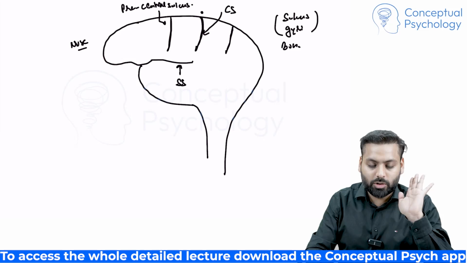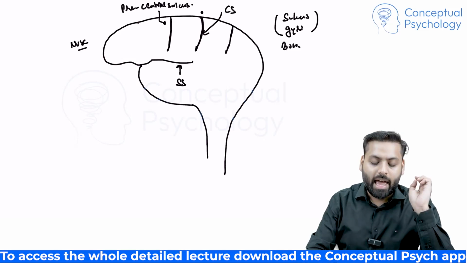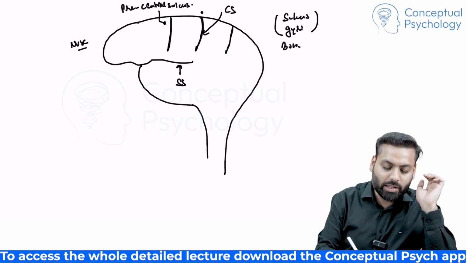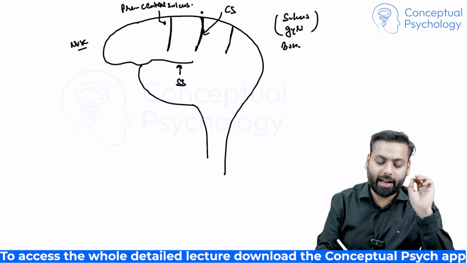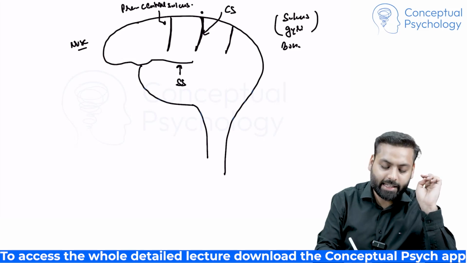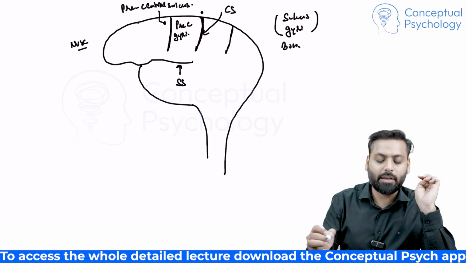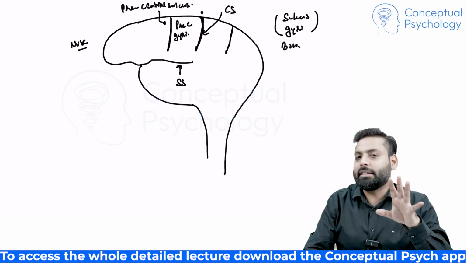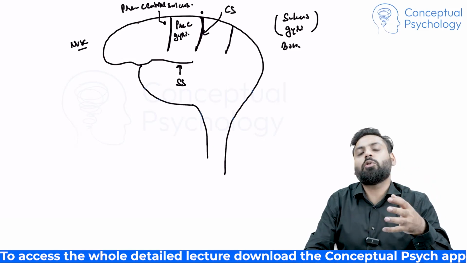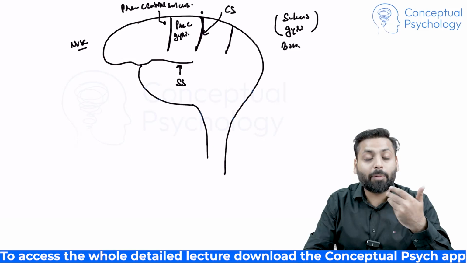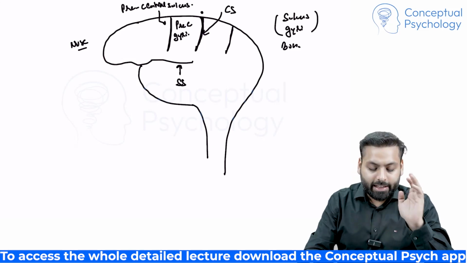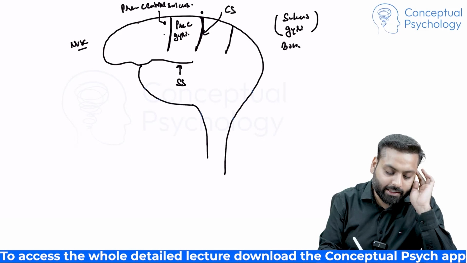Understood? And between two sulcus, I told you, there is a gyri. So this area will be the precentral gyri. See, the names are not important for you. Just for developing your understanding, I am telling you. Okay? Precentral gyri. Then, coming to the remaining area.